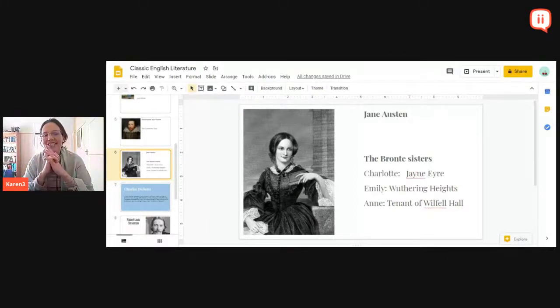Sylvia says she loves Jane Austen. Both of you, if you love Jane Austen, by the way, you will love Georgette Heyer. I will come to her in a moment, but you will love Georgette Heyer because her dialogue is witty and funny, and the stories she creates are just fantastic.